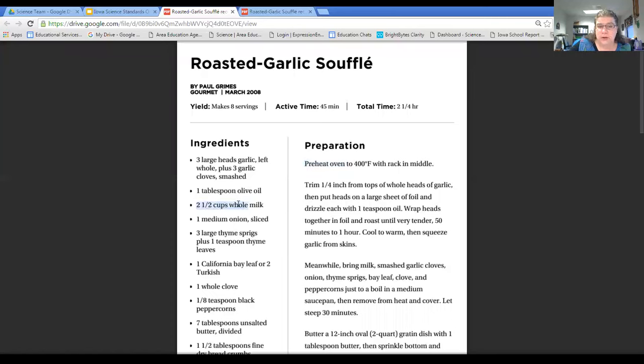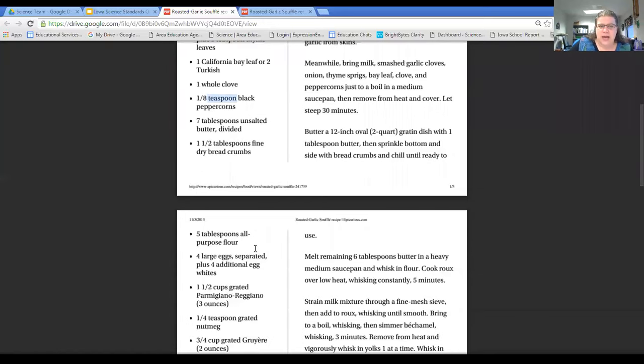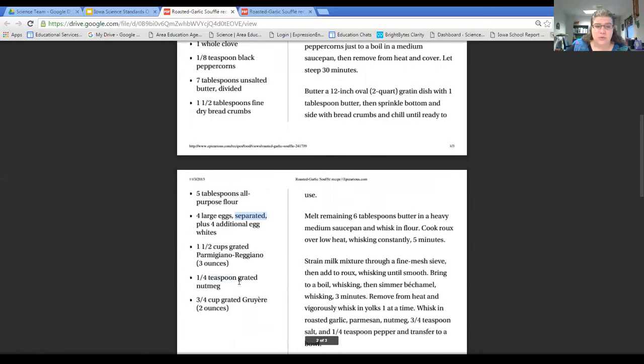Measurement is another one. You know, what do 2.5 cups look like? What is a cup measurement? What's a tablespoon versus what is a teaspoon? How would we separate eggs? Depending on how you cook, that may or may not be a skill that would be utilized frequently. How do we grate items?